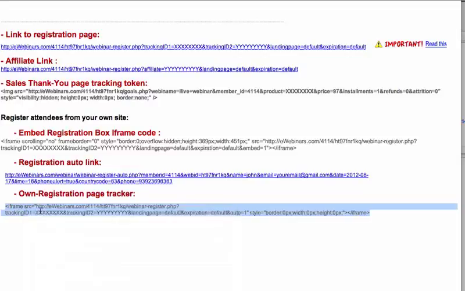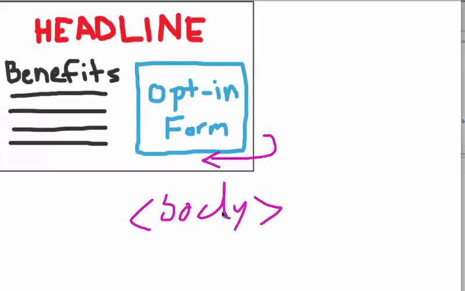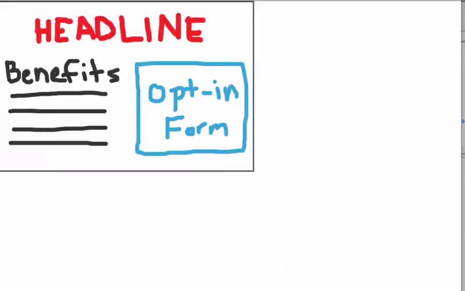Copy it, go into your squeeze page and paste it somewhere in the source code between the body tags. Again, that's for tracking purposes, so the built-in tracking system can do its job properly.